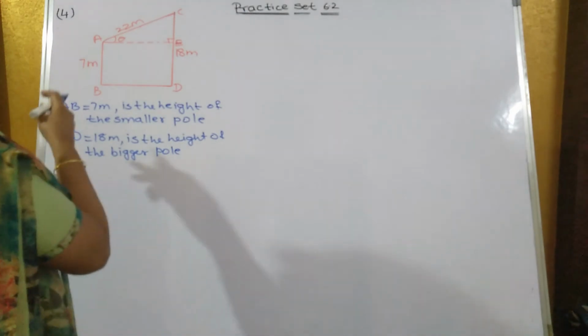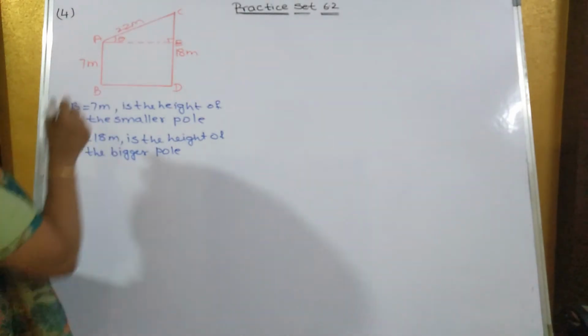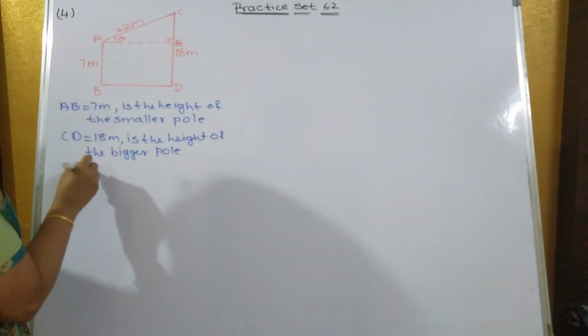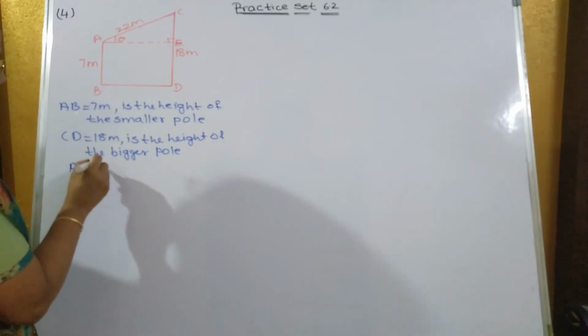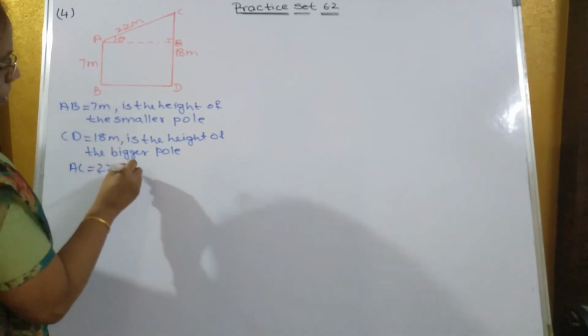The length of the wire, that means AC. AC is equal to 22 meter is the length of the wire.